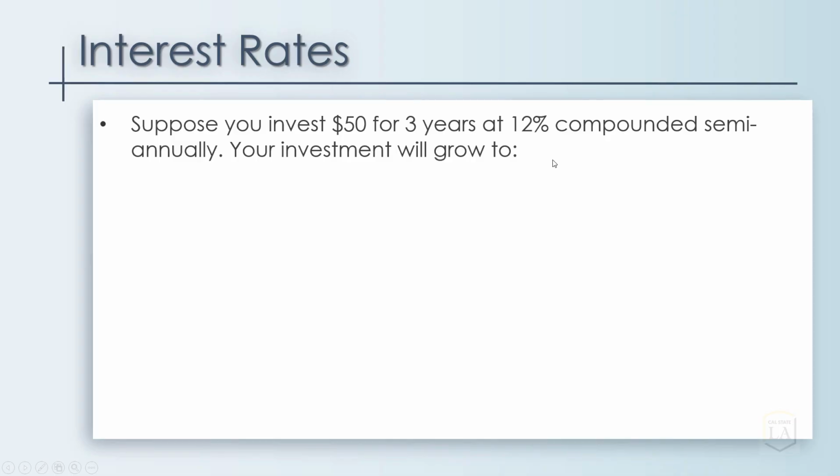Using the future value formula, $50 growing at 12% APR compounded semi-annually, you divide by 2 and take it to the power of the frequency times 3. This is just the usual future value formula with different frequencies, which you saw in chapter 4. This amount will grow to be 70.93 in 3 years.